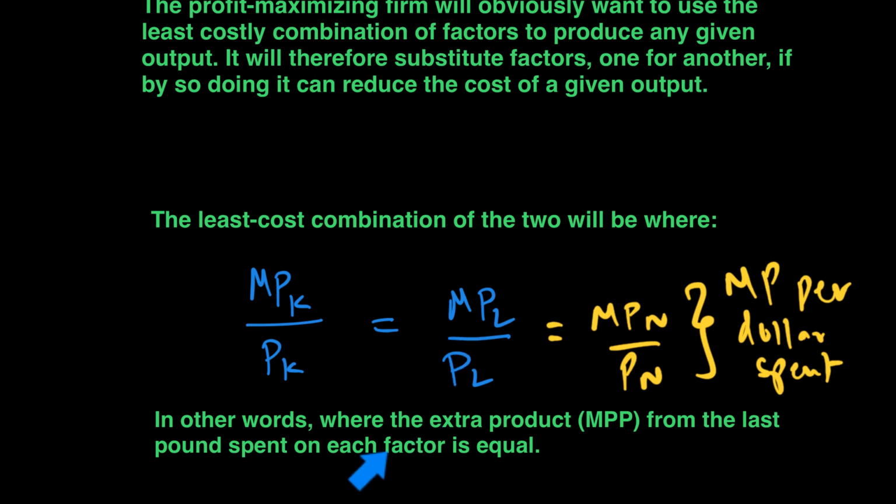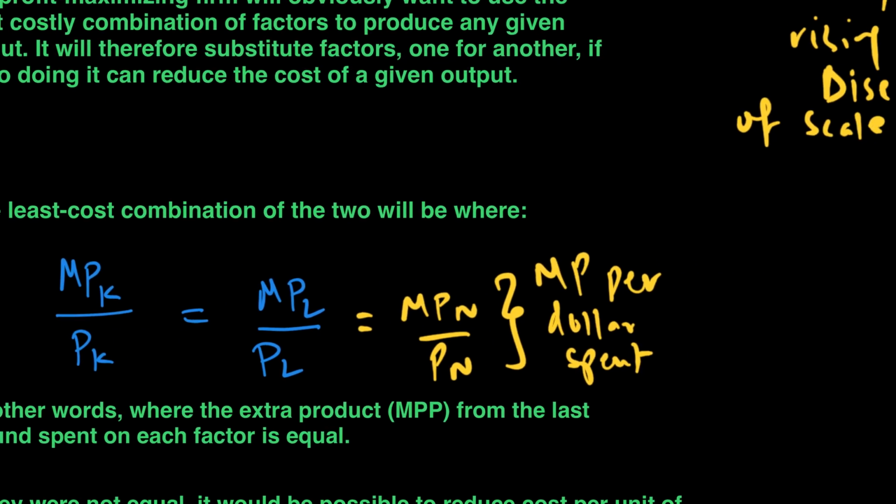So in other words, when the extra product or output per dollar spent from the last dollar spent on each factor is equal, I do not need to substitute to another factor of production because I've maximized my output per dollar spent. Let's assume that if they were not equal, what would you do? Let's just run this situation here.